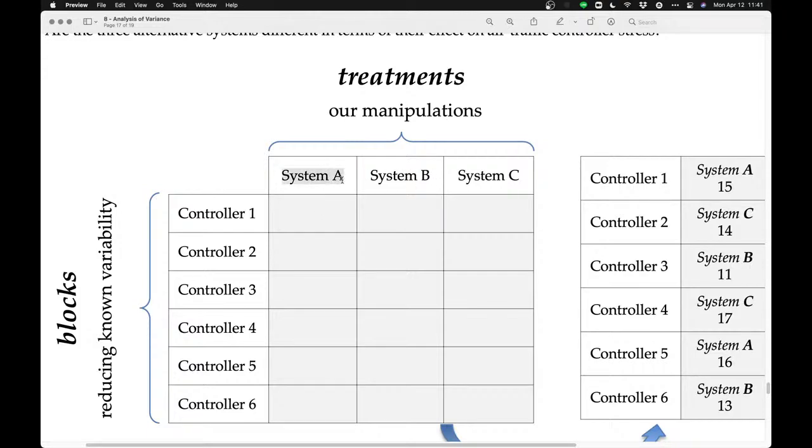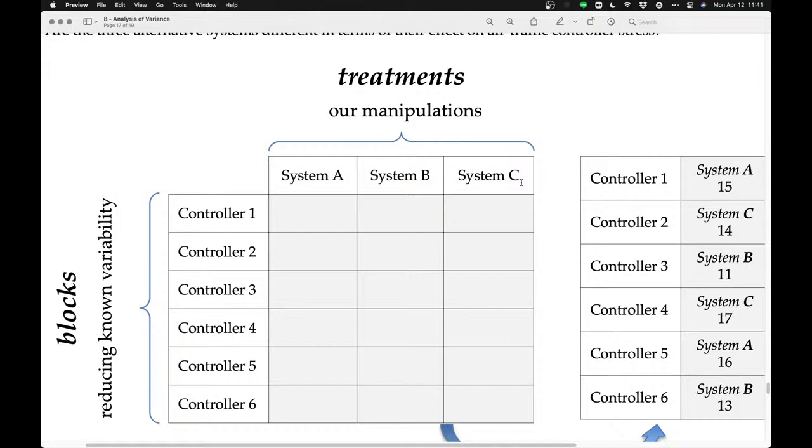So maybe system A is new to them, so they're struggling with it a little bit. But maybe system B is kind of similar to system A, so it'll look easy compared to system A, especially because they got a whole lot of practice on system A. And a similar thing with system C. Maybe by the third day, they're just used to handling different systems, and now they're much better at handling a new system.